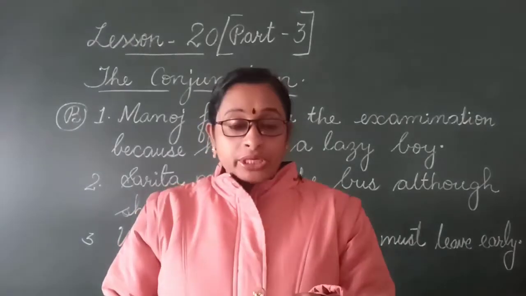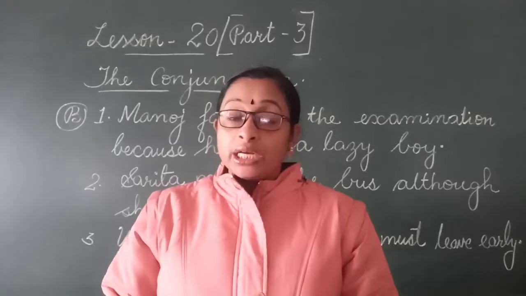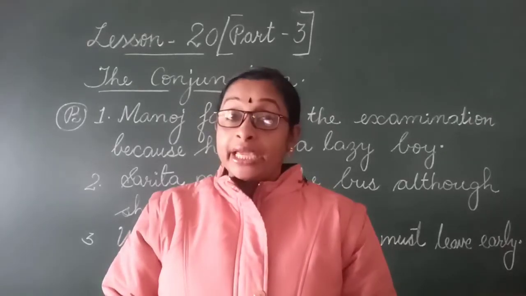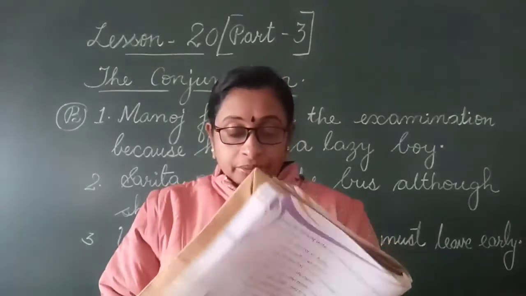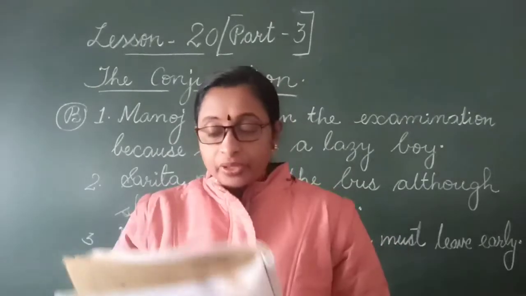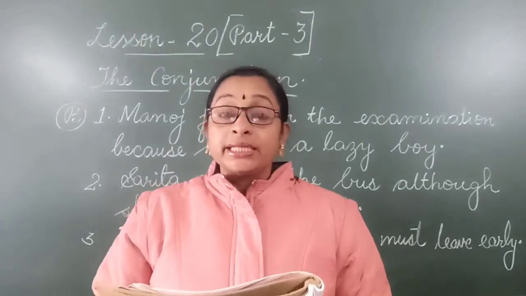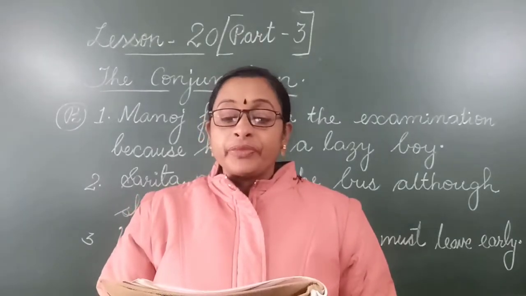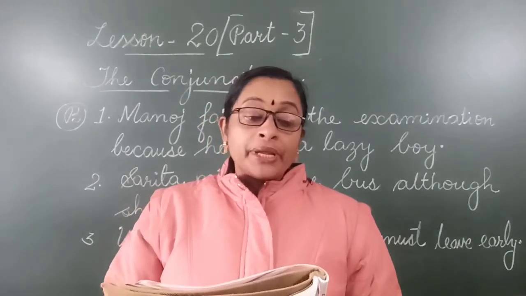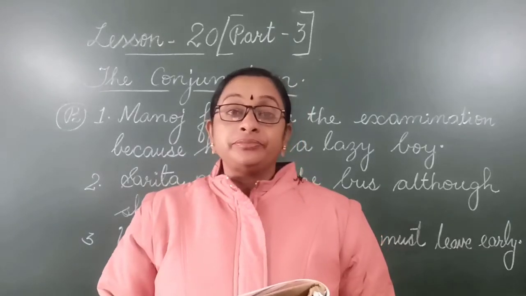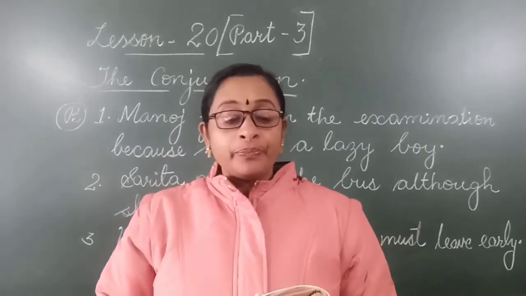First you read the question. All of you please take your English 1 book, page number 87. Yes. Connect and write the sentences together by using appropriate conjunctions. We will read once more.